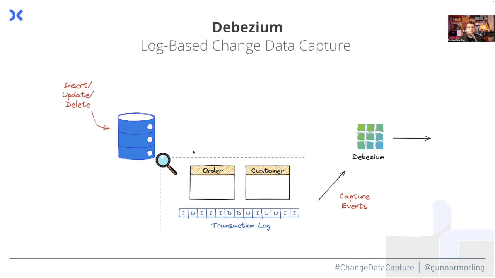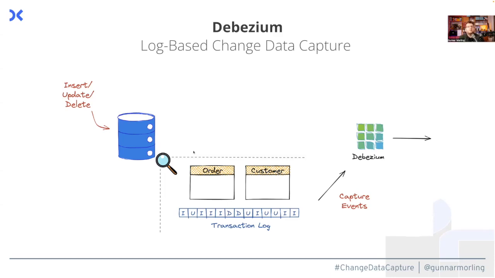Now maybe you wonder, hey, there might be different approaches for reacting to changes out of a database. Maybe I could implement a trigger-based approach where I set up triggers for all the tables I'm interested in. Or maybe you think about some sort of polling-based approach where in a continuously running loop, you would go to your tables and query them for the latest changes, let's say, happening in the last few minutes.